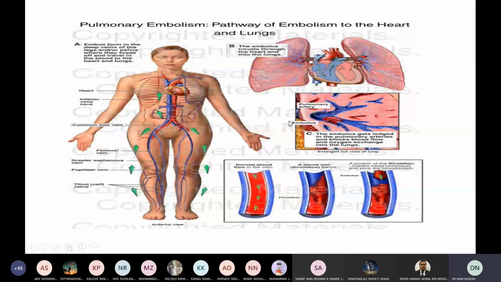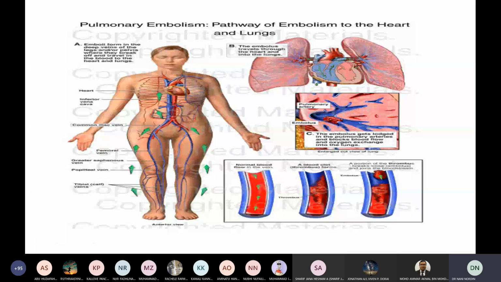So go back to your cardiovascular, how it gets into your heart and moves from the right atrium, right ventricle, and it goes into your pulmonary circulation. Okay, so it goes into your pulmonary artery.